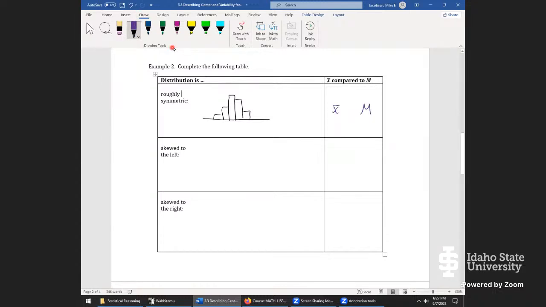Comparing X bar to M in a situation where you're at least roughly symmetric would give us this. They're not going to be equal unless you really had perfect symmetry in your data, but the sample mean is going to be at least approximately close to the median. It'll be close enough so that the sample mean X bar is the preferred statistic to use.